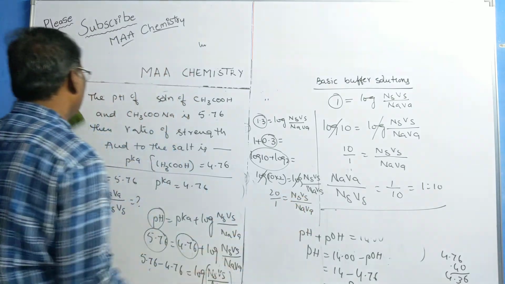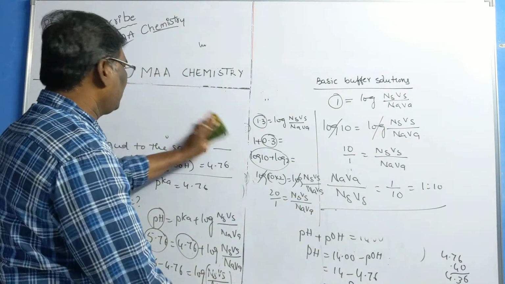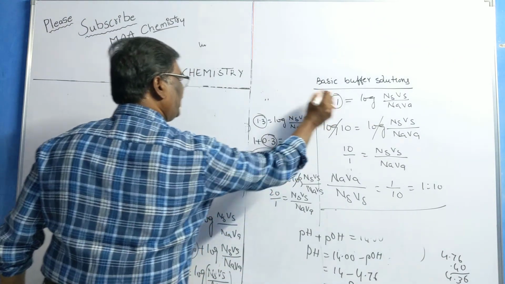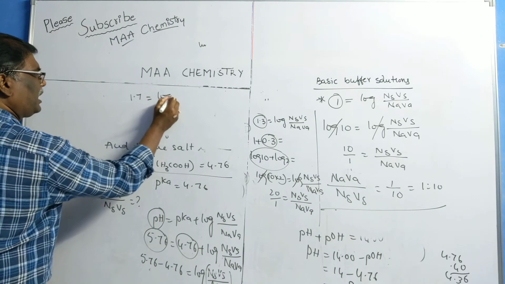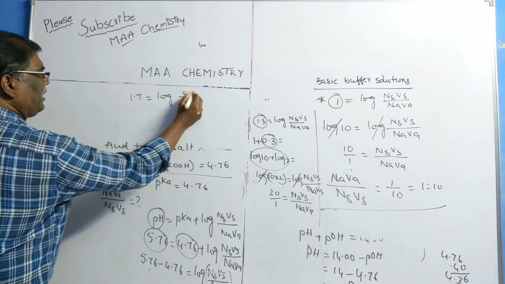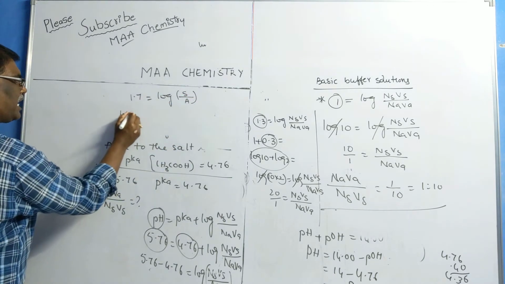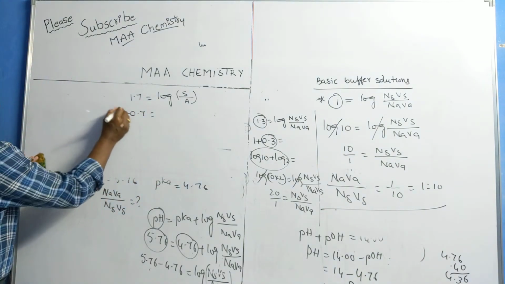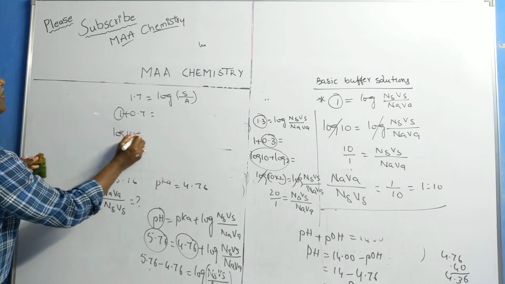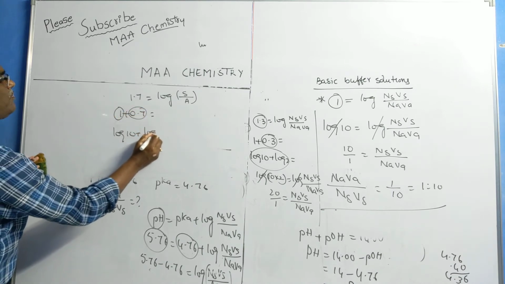One more example I will say. Whenever you are getting, at this position, let us suppose 1.7 equal to log of salt by acid. Now 1.7 is taken as 1 plus 0.7. 1 can be taken as log 10 and 0.7 is taken as log 5.